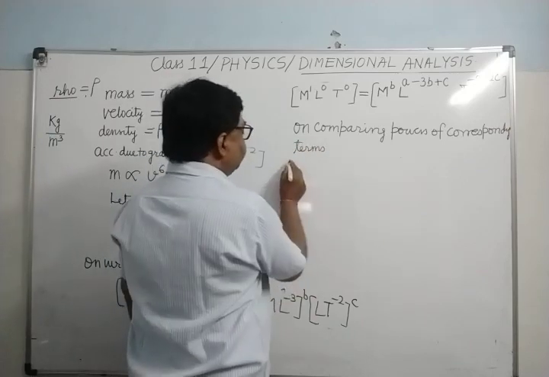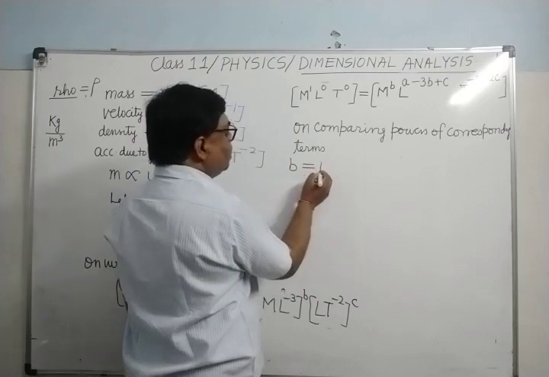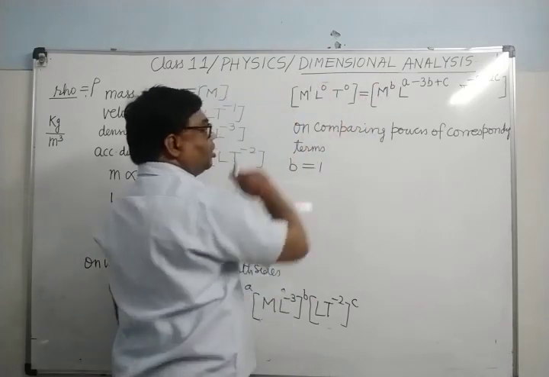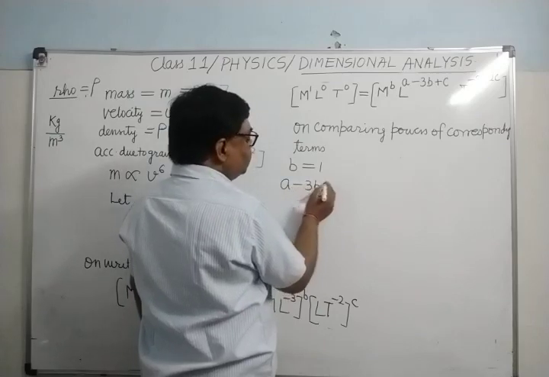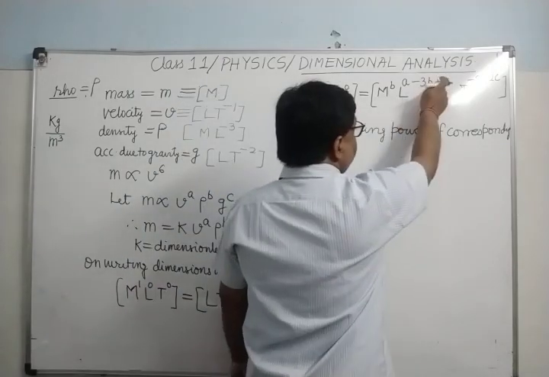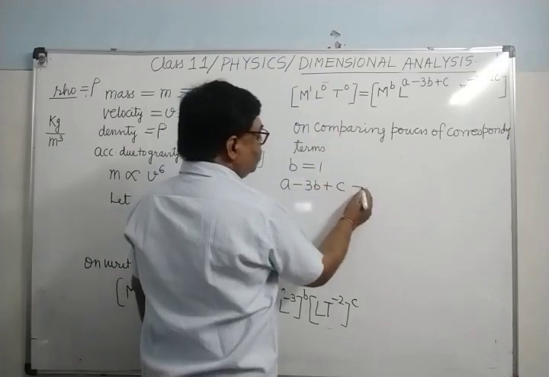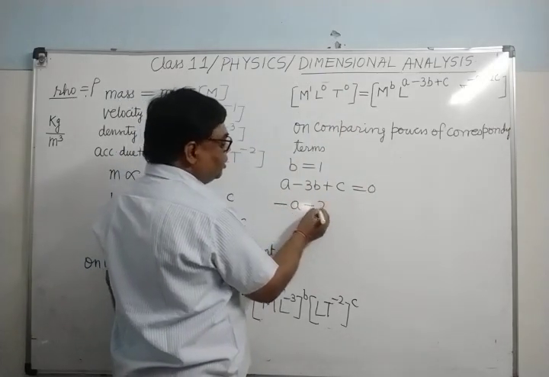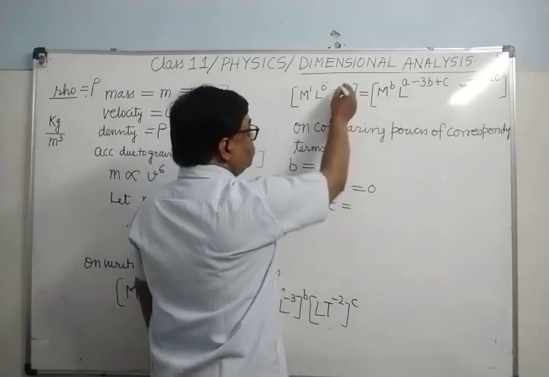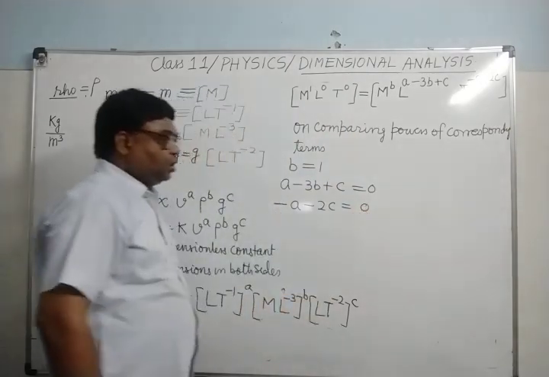When you compare, b will be equal to 1. Here b, here 1. Then a minus 3b plus c. Here L power this, here L power 0, so it will be equal to 0. And in case of T, minus a minus 2c equals 0. It's clear?